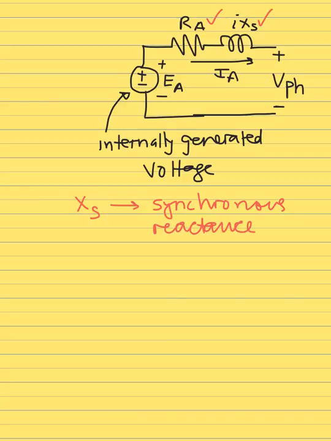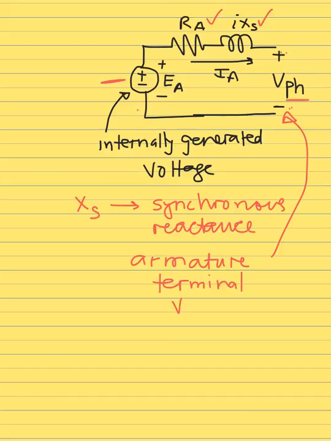Okay, and here at these two terminals, this voltage is called the armature terminal voltage. So we need to distinguish. This is armature voltage as well. That's armature voltage too. We call this the armature terminal voltage, and we call this the armature internally generated voltage.